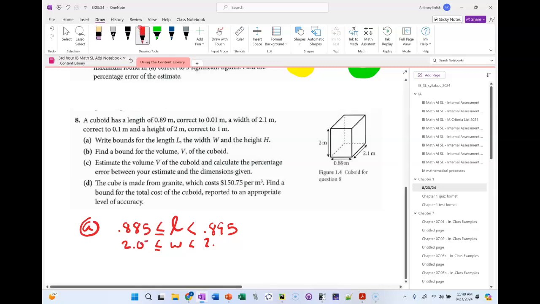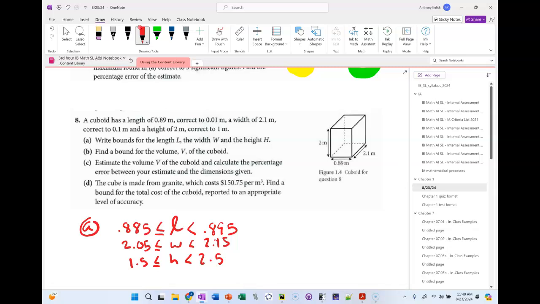It's the wrong side. 2.05 to 2.15. And then the height is 2, correct to 1. So 1.5 less than h less than 2.5. Is everybody okay with this?